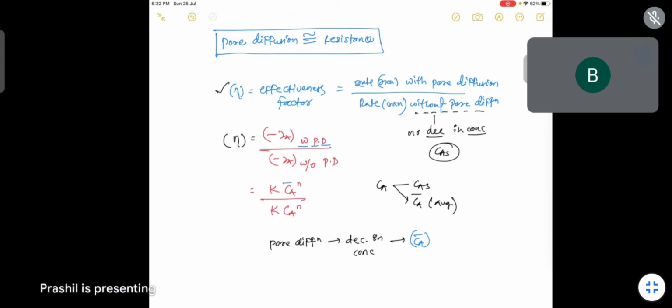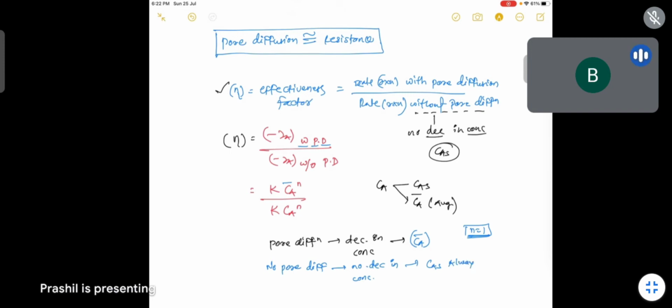Maybe you can consider n equals 1, but for nth order reaction, when there is pore diffusion, I need to consider average concentration. And whenever there is no pore diffusion, there is no decrease in concentration, so your concentration will be CAS always.